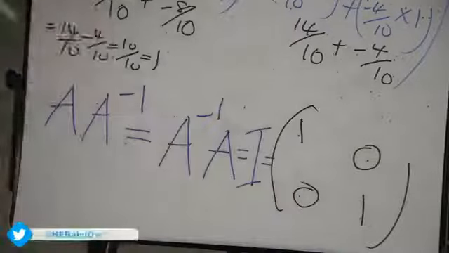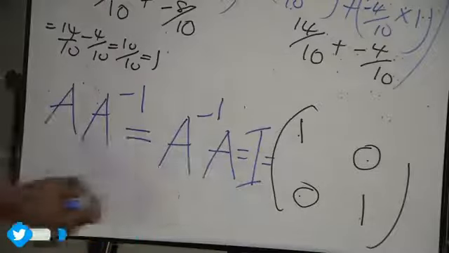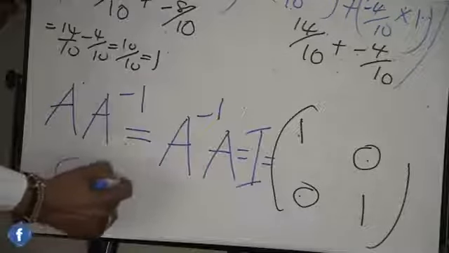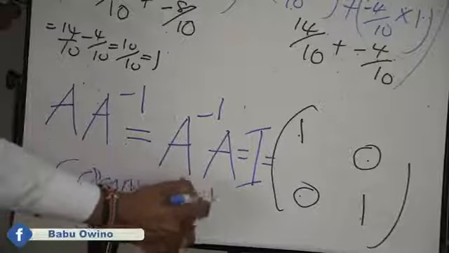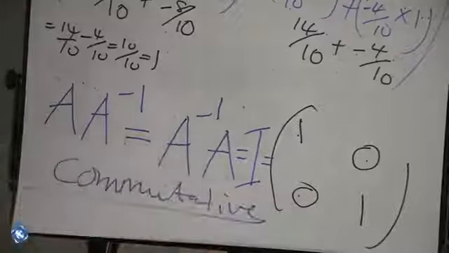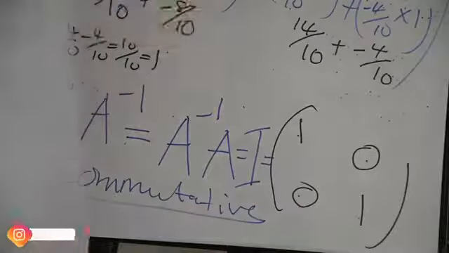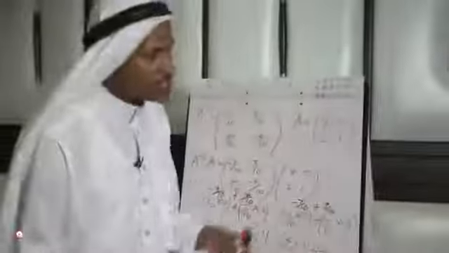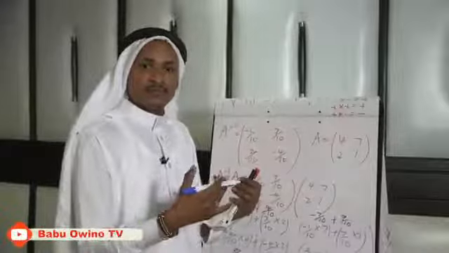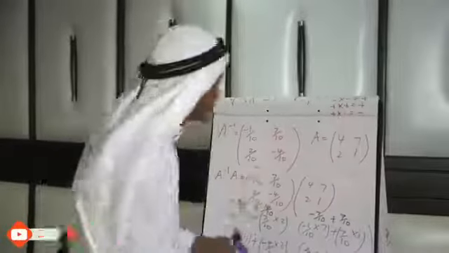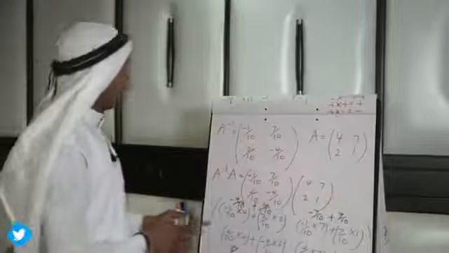Therefore, what conclusion can we make? When such a thing happens, we say they are commutative. A matrix multiplied by its inverse, and the inverse multiplied by the same matrix, are equal. You get an identity matrix, which is 1, 0, 0, 1.